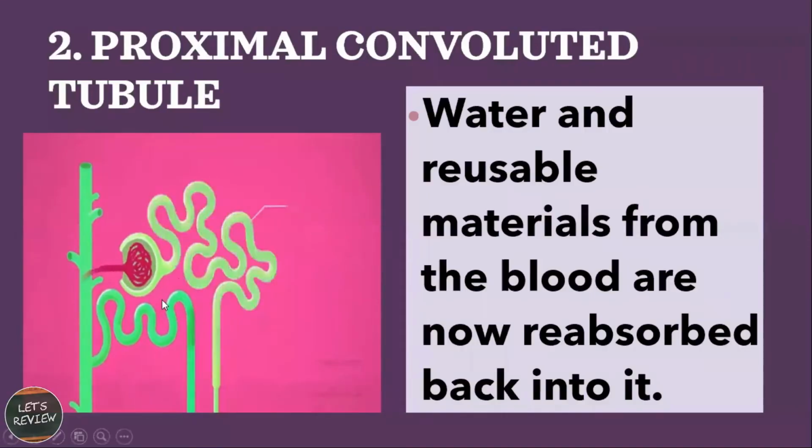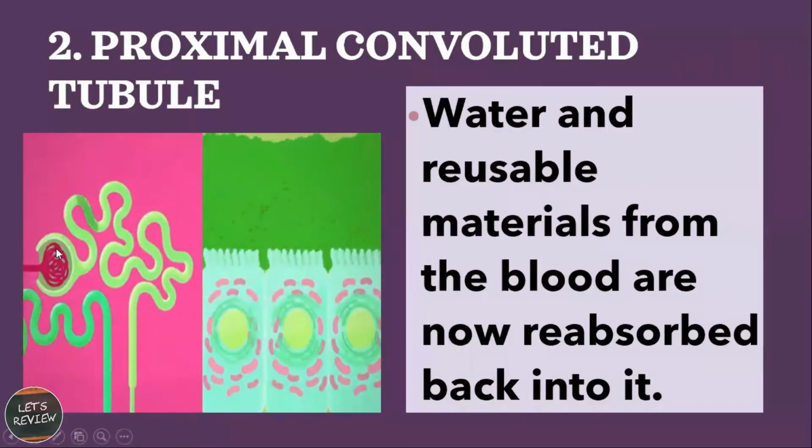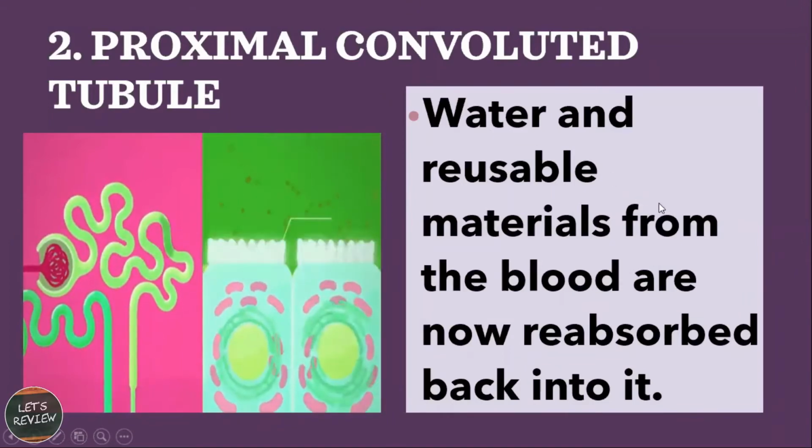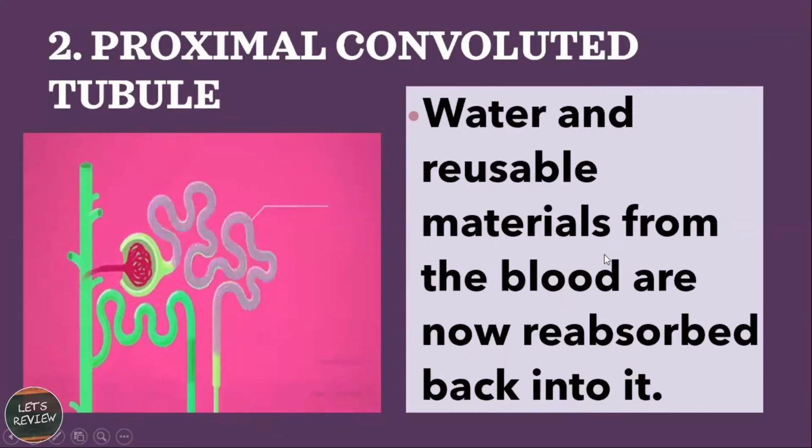The second part is, so this is the Bowman's capsule connected to another part, which is the proximal convoluted tubule. Water and reusable materials from the blood are now reabsorbed back into it.